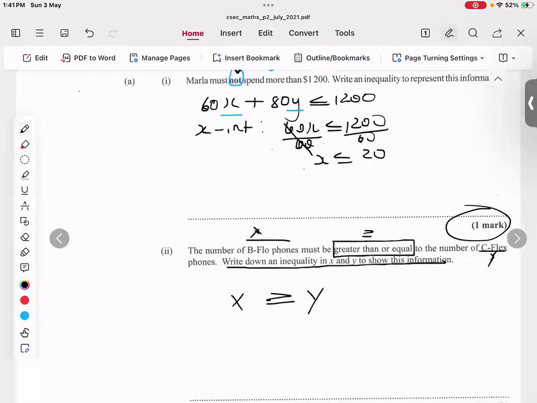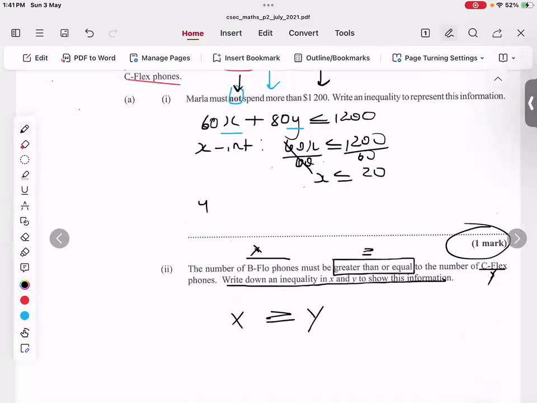20. And if I wanted to find the y-intercept, then I'm going to end up ignoring the x. So I'm going to end up with 80y is less than or equal to 1200. So y is less than or equal to 1200 divided by 80.